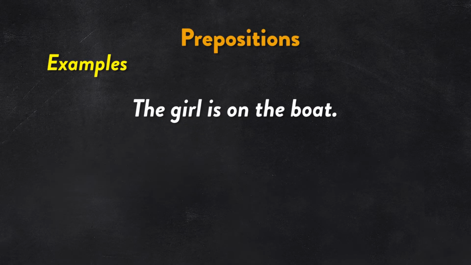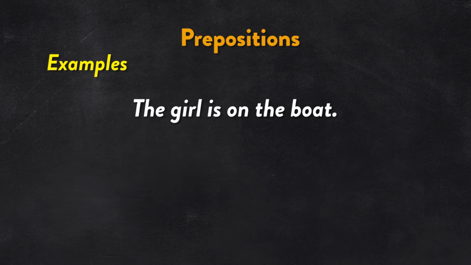Now here I have a sentence. Let's read the sentence and see if we could identify the nouns and then look for the word that shows the relationship between those two nouns or pronouns. The girl is on the boat. Now, what are the two nouns in that sentence?